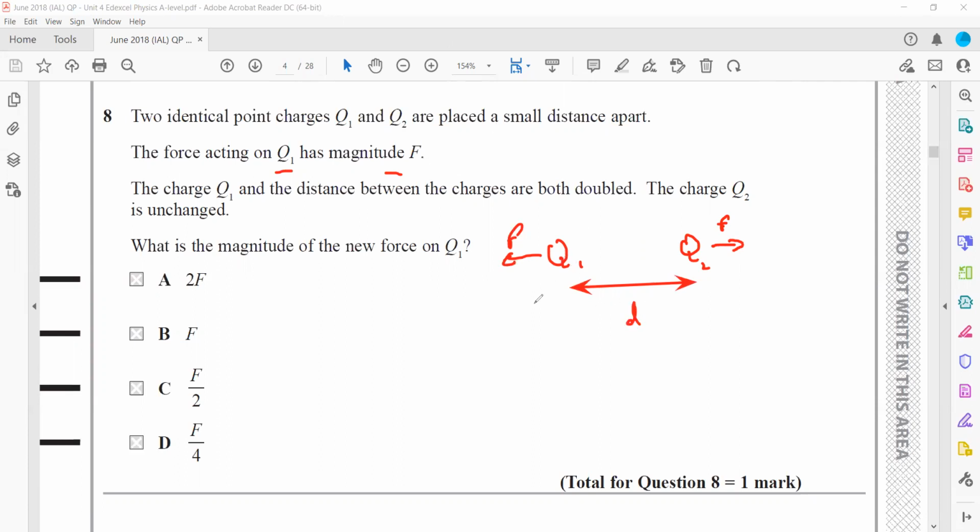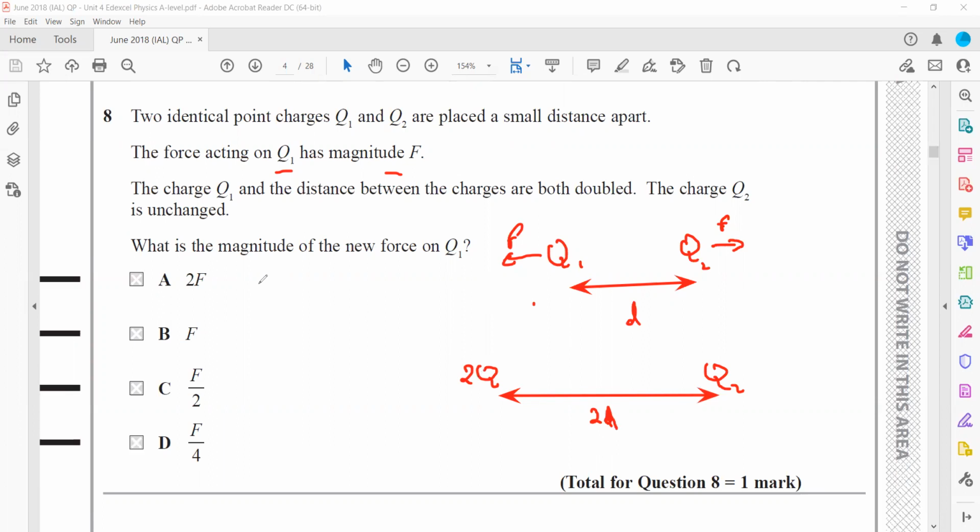Now, Q1 and the distance between the charges are both doubled. So Q1 becomes 2Q1, Q2 remains the same, and the distance becomes 2D.